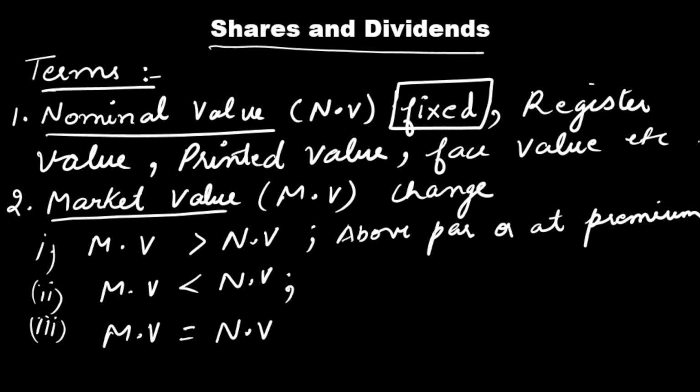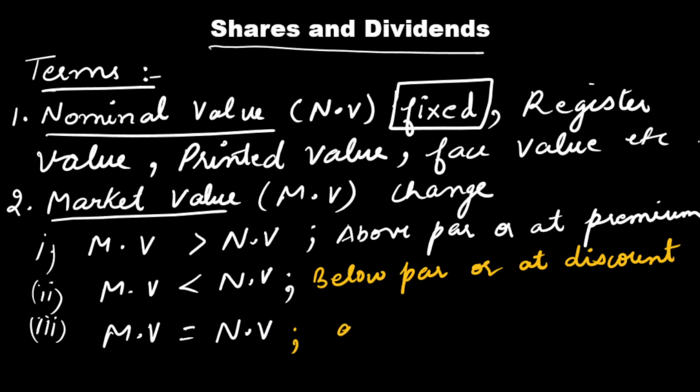When market value is less than nominal value, it might be written as below par or at discount. When market value is equal to nominal value, it is at par.